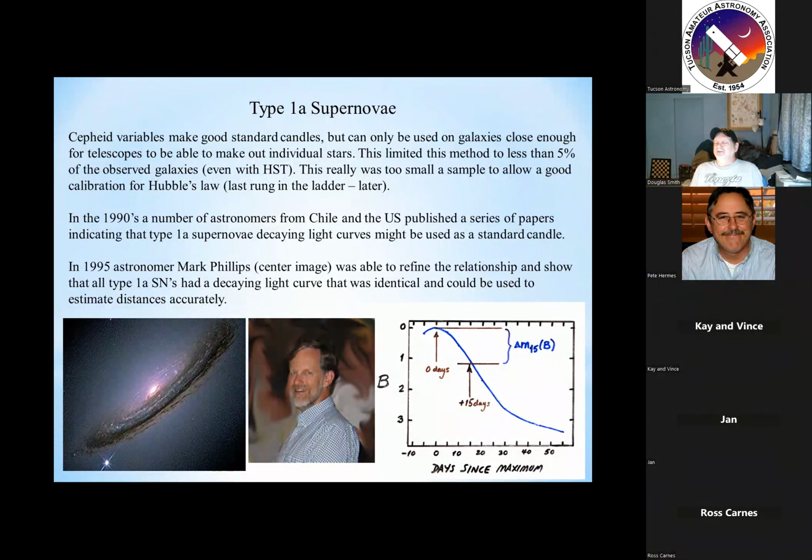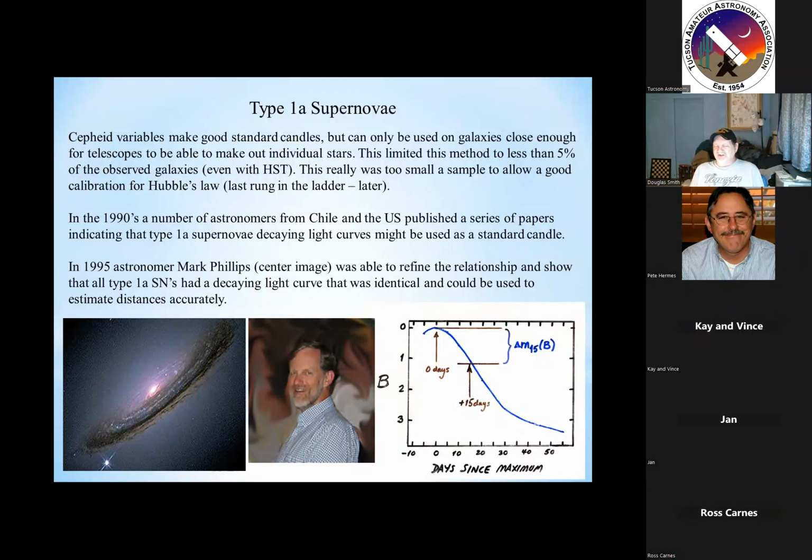And they were able to come up with a way to refine the relationship and show that a type 1a supernova decaying light curve could be used to estimate a distance to that supernova. The guy who really came up with this relationship and has published it is an astronomer by the name of Mark Phillips.